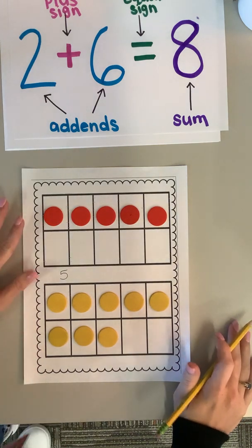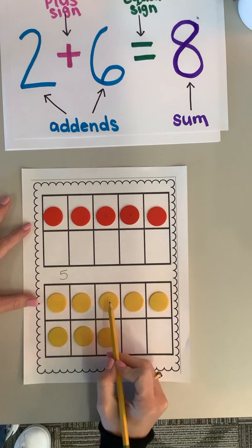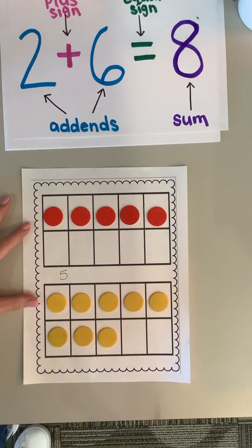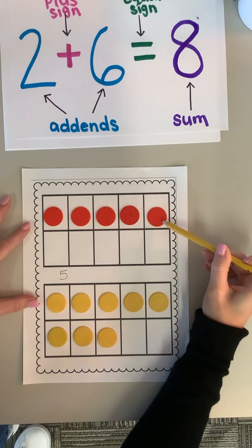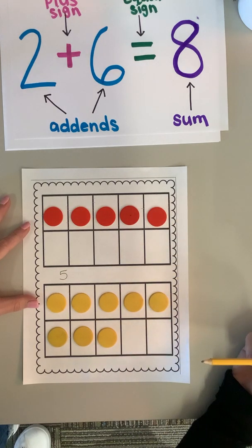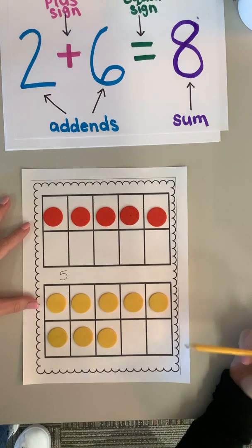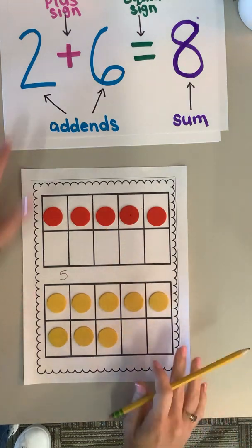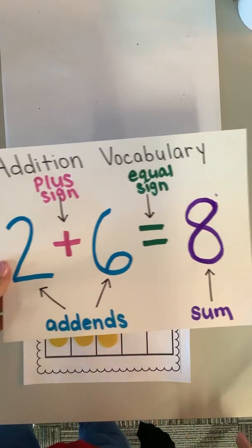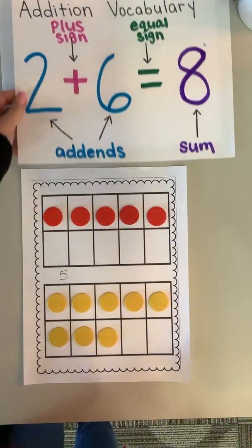I put down 8 counters. 1, 2, 3, 4, 5, 6, 7, 8. I have 5 red counters and 8 yellow counters. These two numbers, 5 and 8, are going to be my addends for my addition problem. The two numbers that I'm adding together.